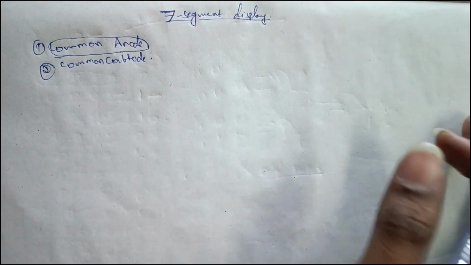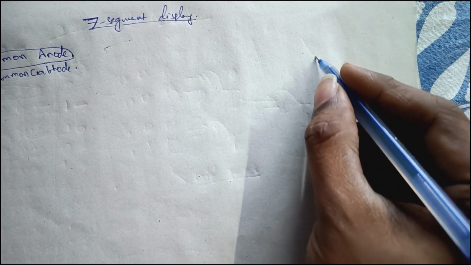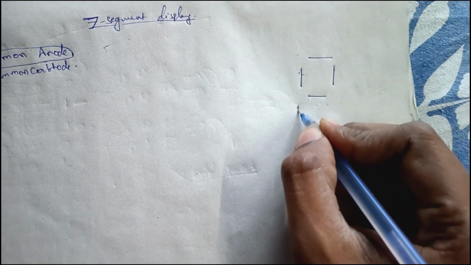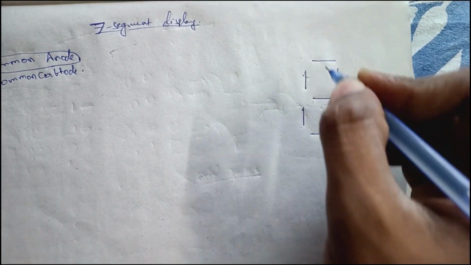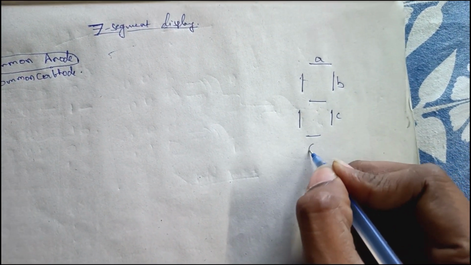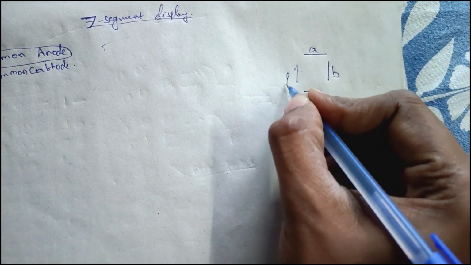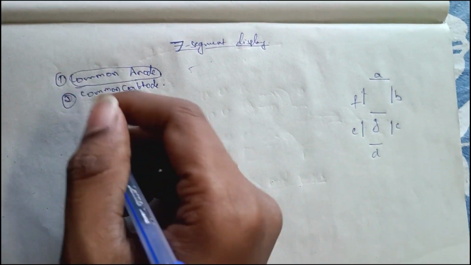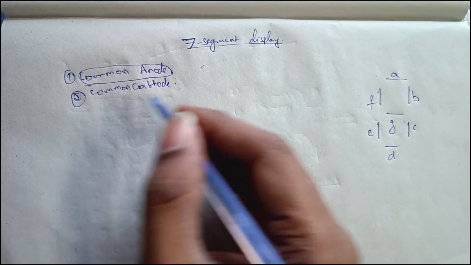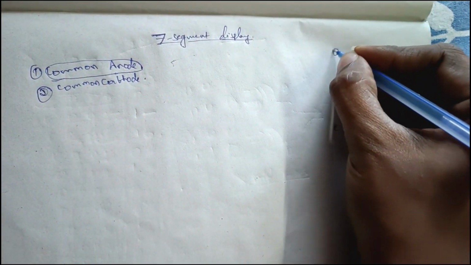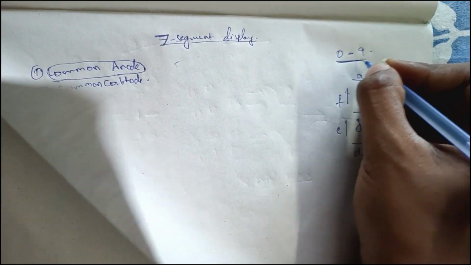In the common anode display, how many segments are there? 7 segments, right? 1, 2, 3, 4, 5, 6, 7. So I am writing A, B, C, D, E, F and G. Now I will write how many possible combinations there will be from 0 to 9.